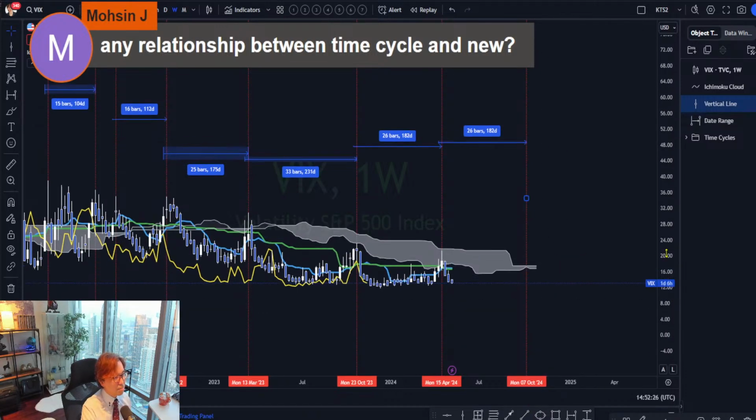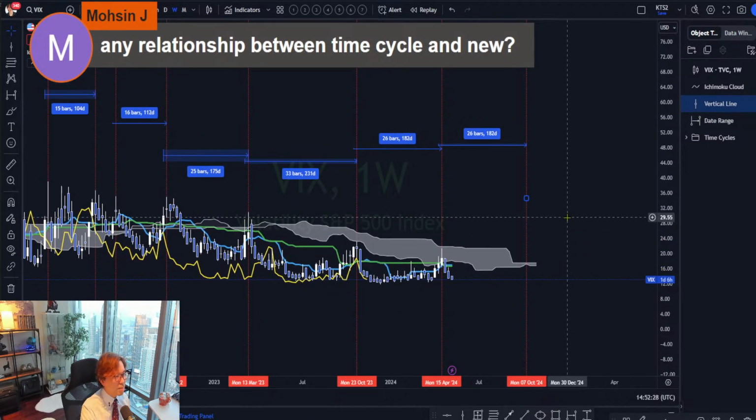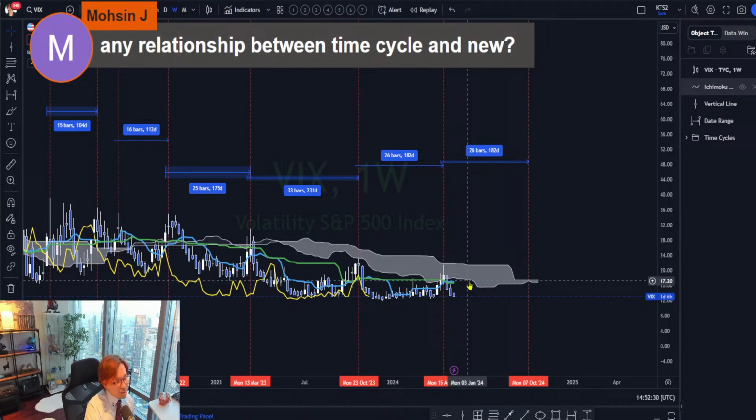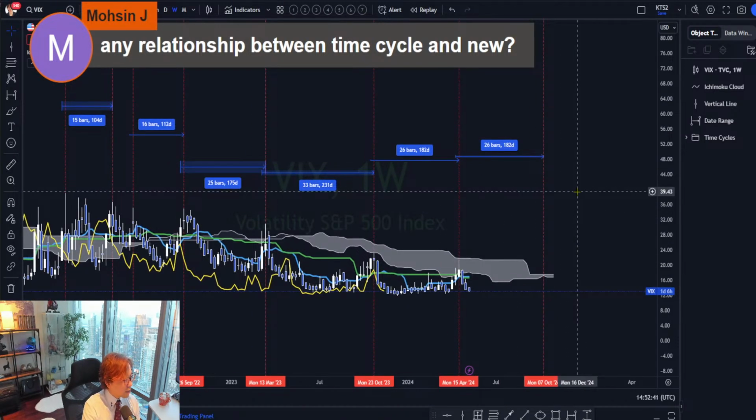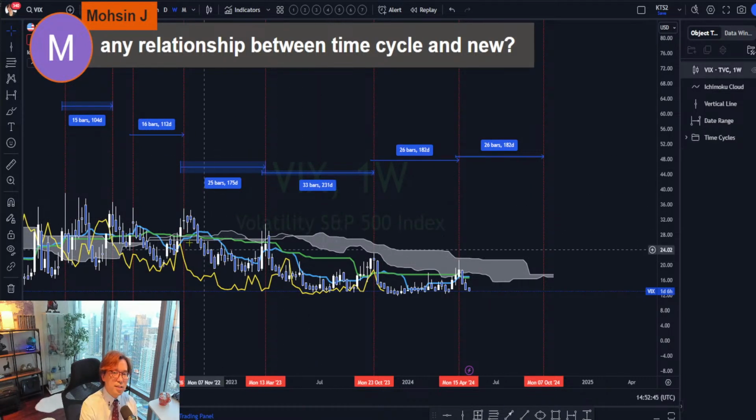It could be some natural disaster, it could be some other events, a pandemic, I'm not sure, but looks like that's when the volatility increases next time. So yeah, time cycles do work by news, events, and these are world events. Surprise.